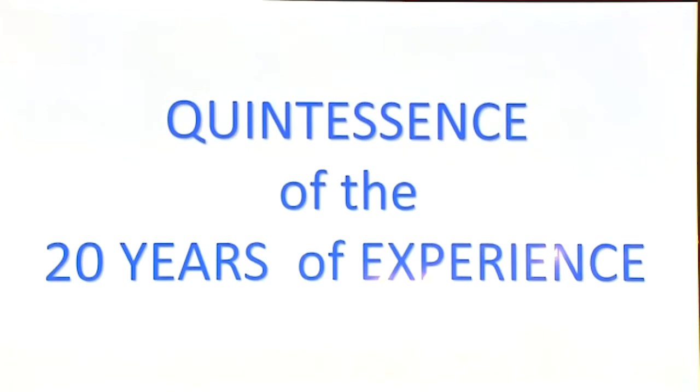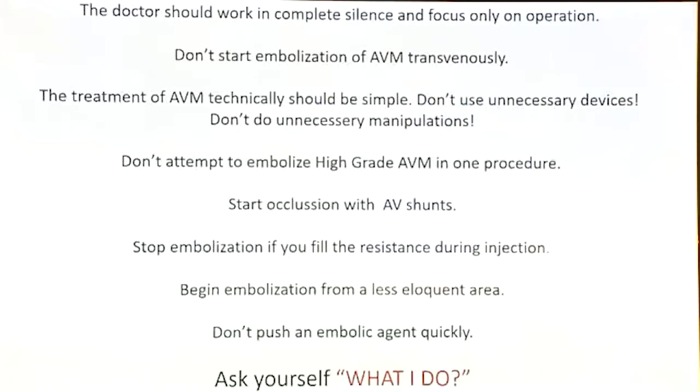So, the quintessence of 20 years of my experience. The doctors should work in complete silence and focus only on the operation. Don't start embolization of AVM transvenously. The treatment of AVM technically should be simple. Don't use unnecessary devices. Don't do unnecessary manipulation.